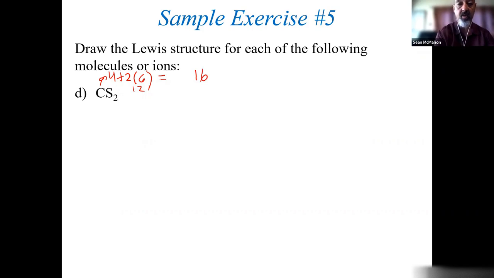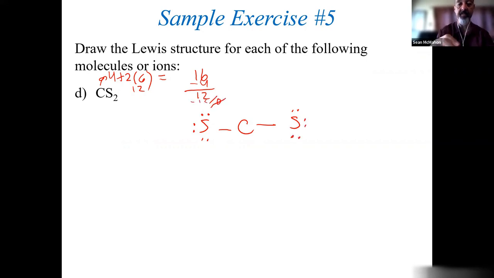Okay. So who's in the center? Well, carbon's further to the right, so it's the center. And I have a sulfur and I have a sulfur. So the first thing is I want to form bonds. So 1, 2, I've used up 4 electrons. I have 12 left. So what do I do with the 12? 2, 4, 6, 8, 10, 12. So I've used that 12.